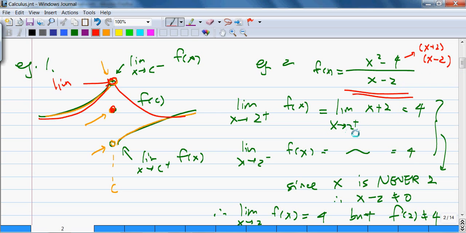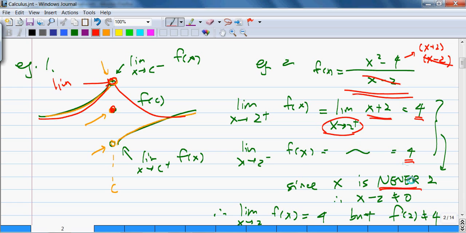If you are approaching from the left, since x is never equal to 2, x minus 2 is never 0. So anything in the form x approaches 2 has x not equal to 2. That's why you can cancel the x minus 2 here, so that you are only left with x plus 2. So the left limit is 4.